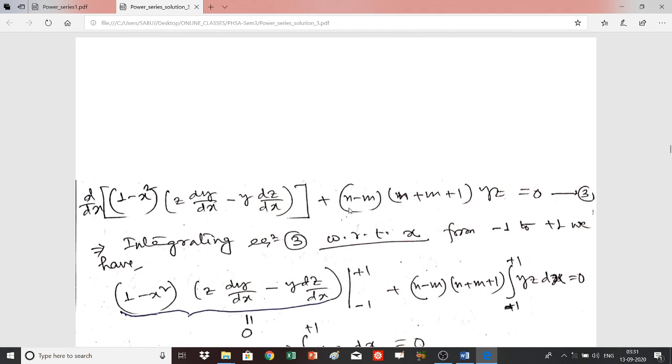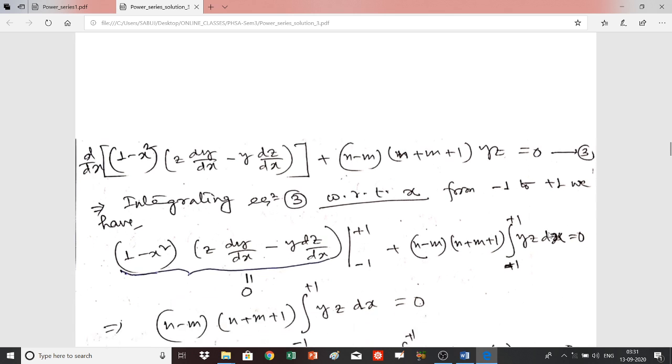Now integrate this equation with respect to x from minus 1 to plus 1.